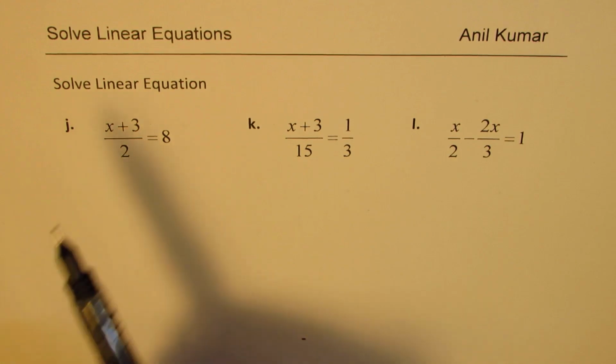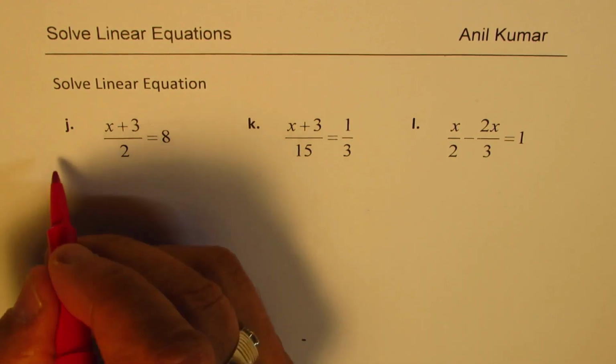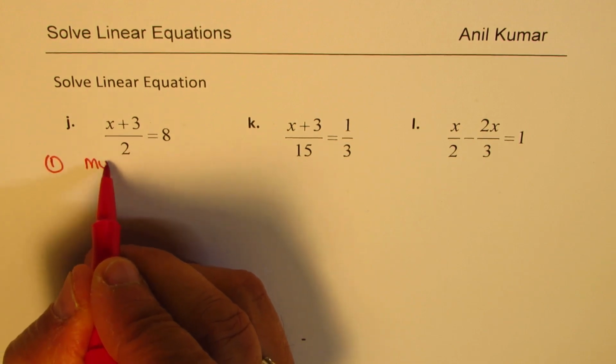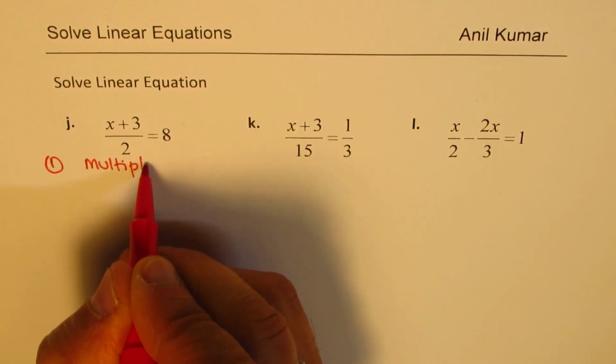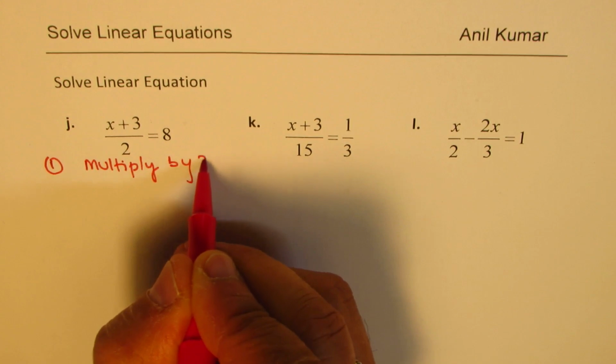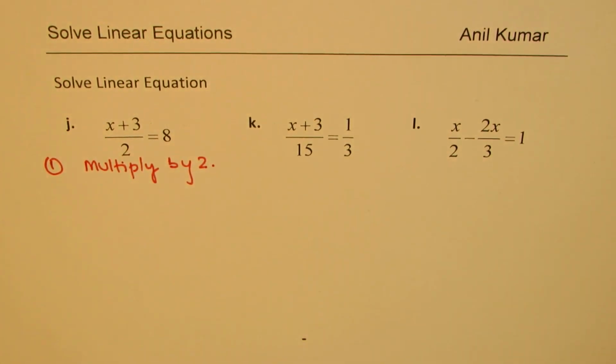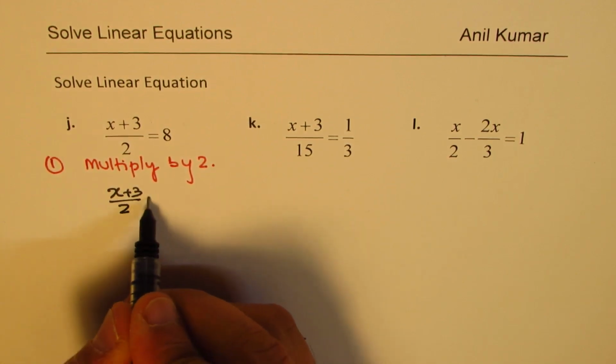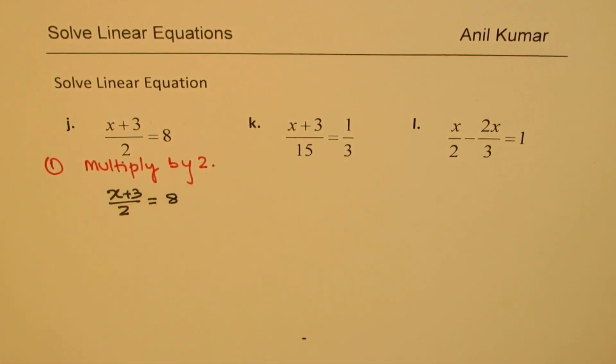I think the better option could be, in our step 1, we should multiply both sides by 2. That should be our step number 1. Let me just show you. (x plus 3) over 2 equals 8 is our question.